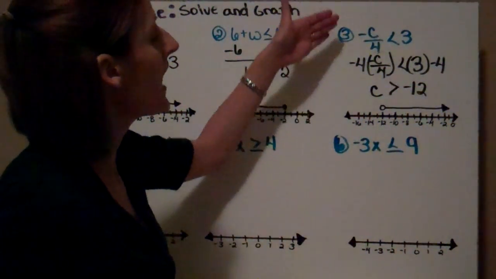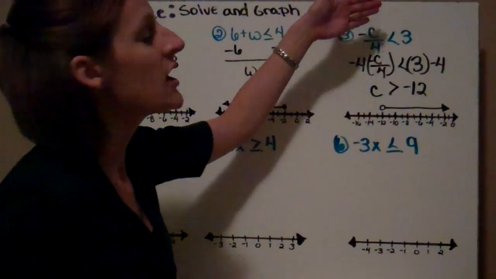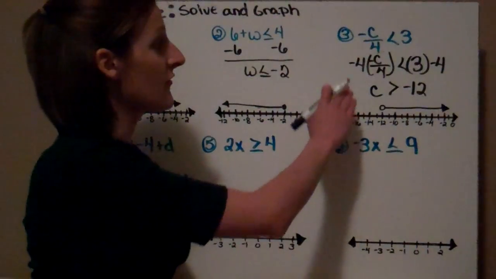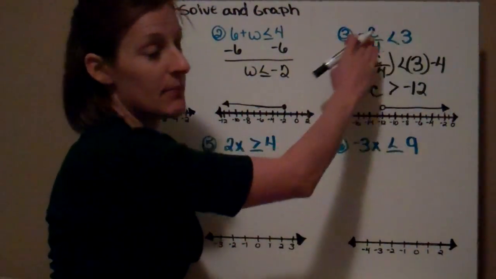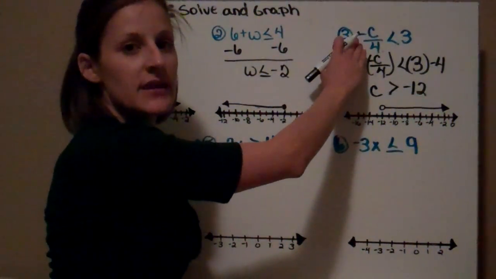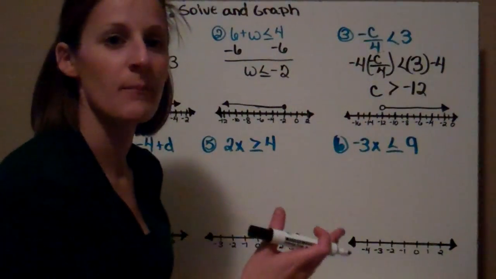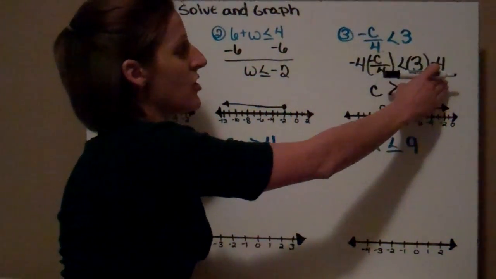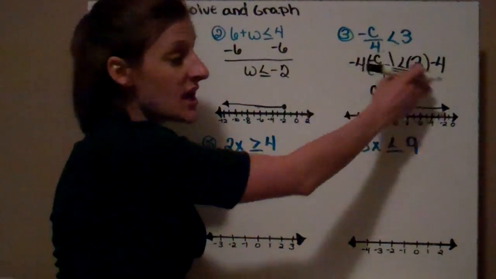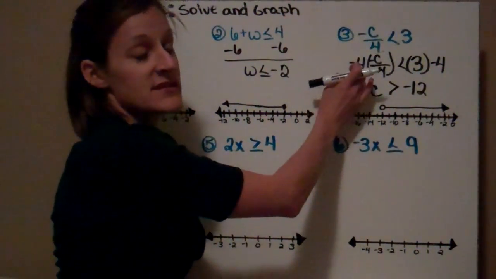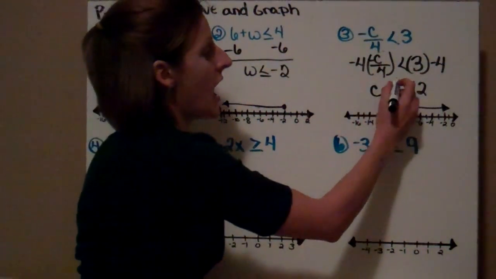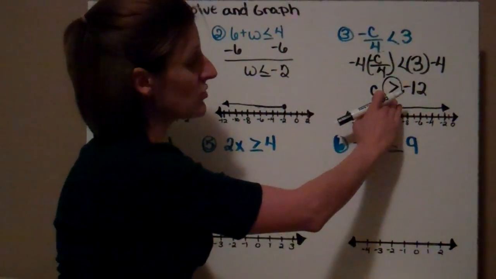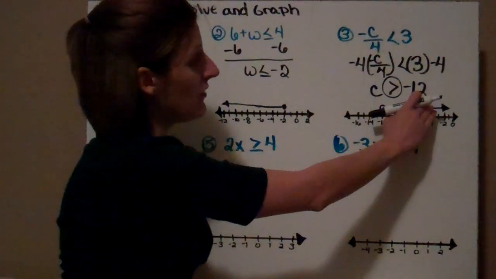Now number 3, I have negative c divided by 4 is less than 3. Now, to get rid of the 4, I need to multiply each side by 4, but I still have a negative, so an easy way to move them both is to multiply each side by a negative 4. Since I'm multiplying each side by a negative 4, I flip my sign, giving me c is greater than negative 12.